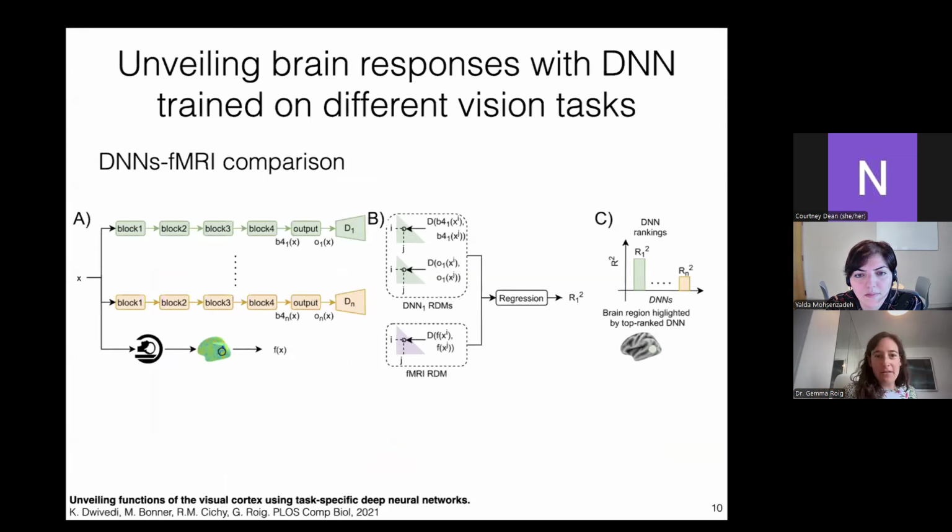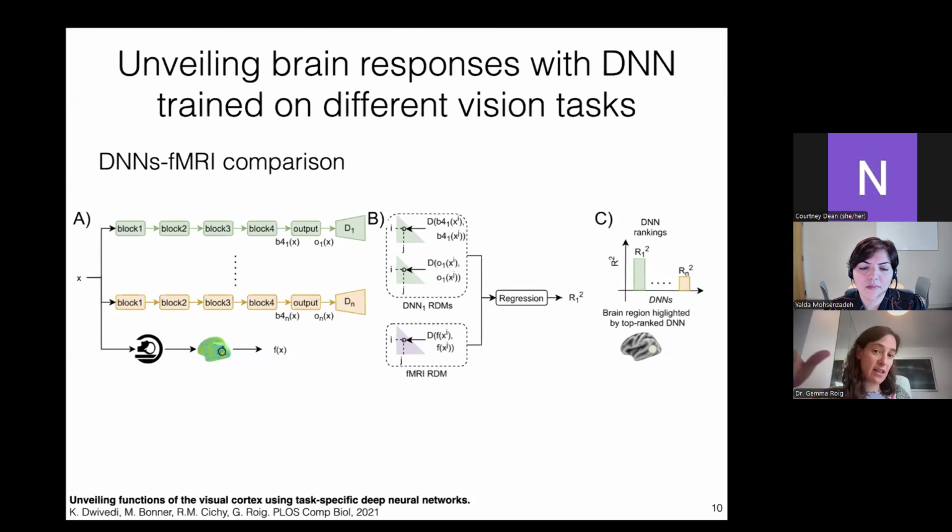So for the evaluation of the DNN-fMRI comparison at the representation level, we used what is called weighted RSA. So mainly what you do is, given some input X, here an image, you pass it through the model on one side, or you show it to the participant in the scanner on the other side, and then you get representations either from the model or the subject, and then you compare the representations using RSA.